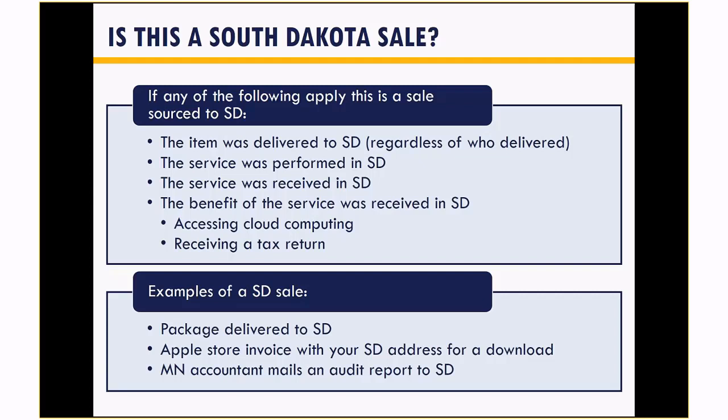Also, a benefit of the service, which is accessing cloud computing, such as your Netflix, Amazon Video, Office 365, any of those computer programs where you're having to log into them on the internet. So some examples are, package shows up at your door in South Dakota. Maybe there's an Apple Store invoice with your South Dakota address on it, or an audit report coming to you.